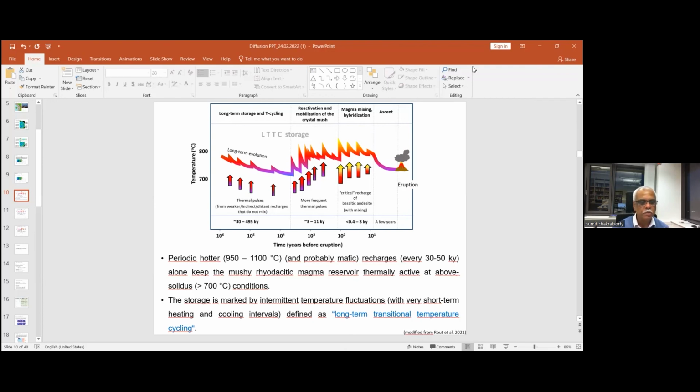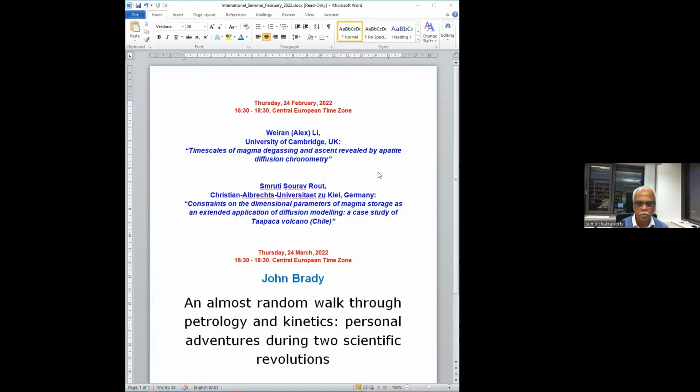So what I have managed to do is ask John Brady, because when I look at a lot of things in the volcanology literature, but also many other diffusion modeling work now, it has had an interesting history.